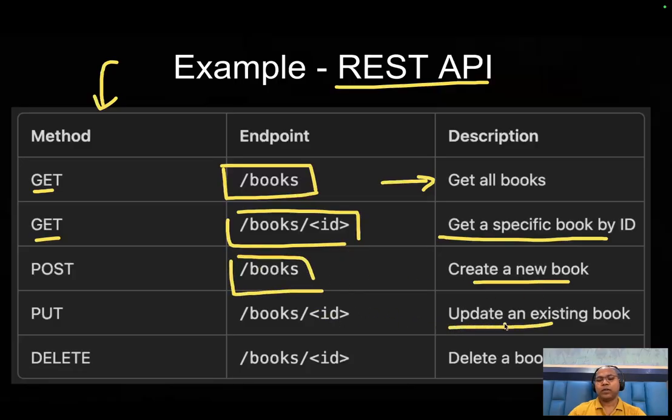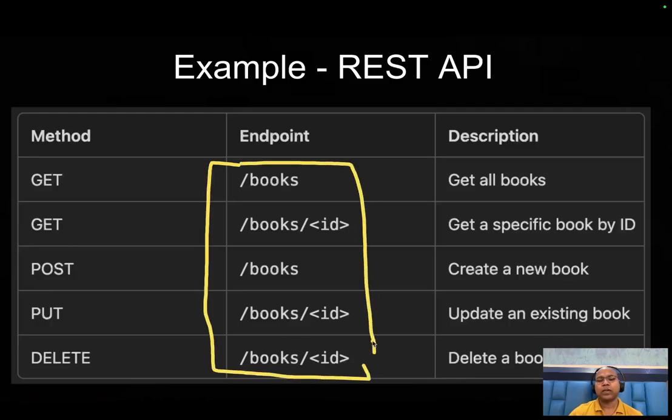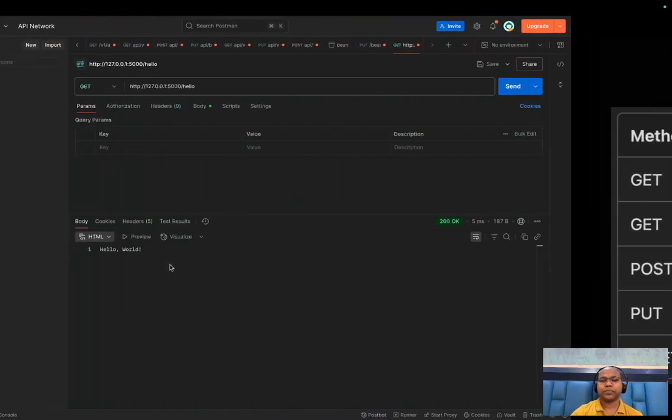Here, update a book. Okay, so this is the URL, or you can say endpoint. So these are the API routes you can specify.